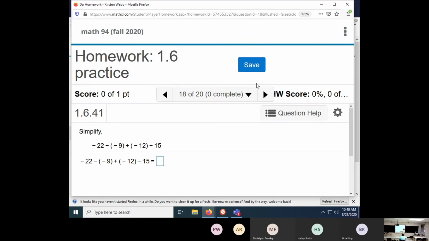Let's try this one. Negative 22 minus negative 9 plus negative 12 minus 15.